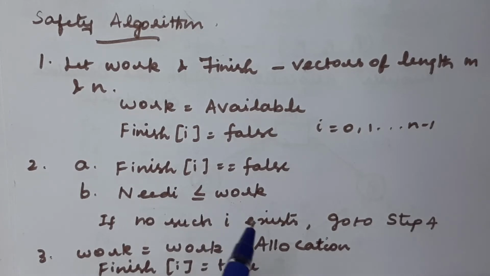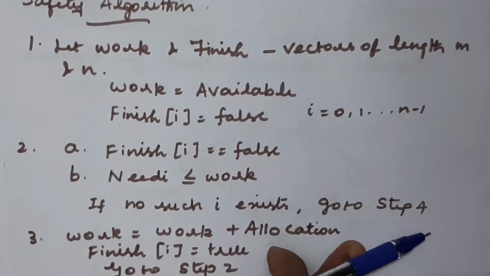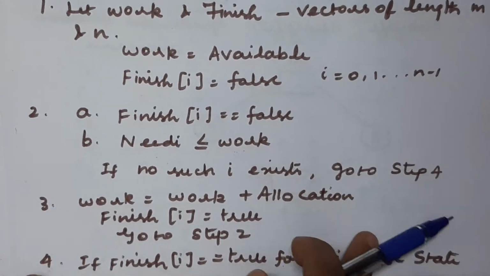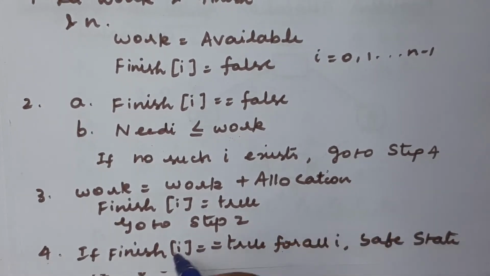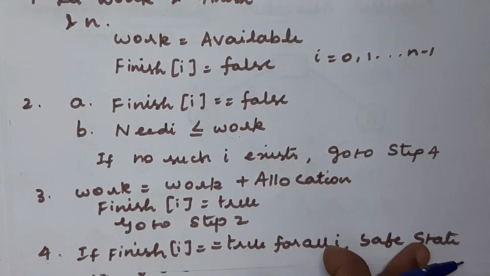So we subtract allocation from max, and we will get the value for need. If no such i exists, go to step 4, which means if the process is not there, or it finishes its execution, then we go to step 4, and we have to mark that particular process's data structure finish to true.